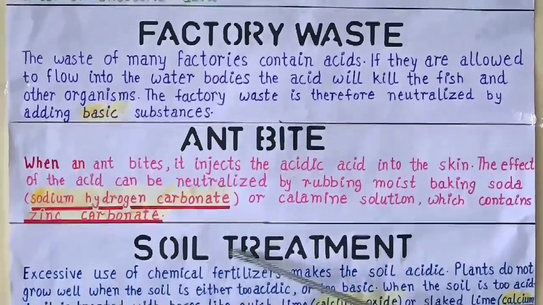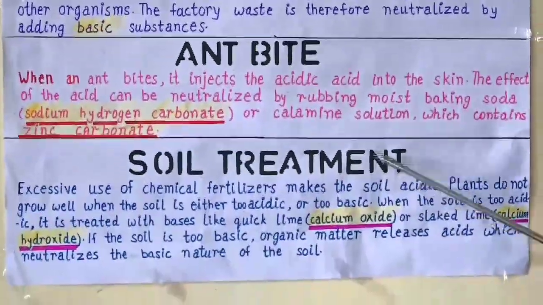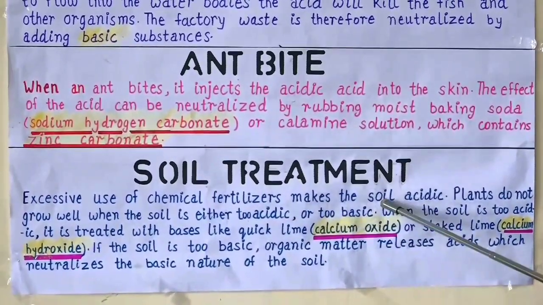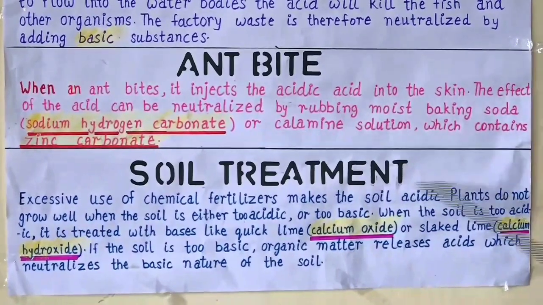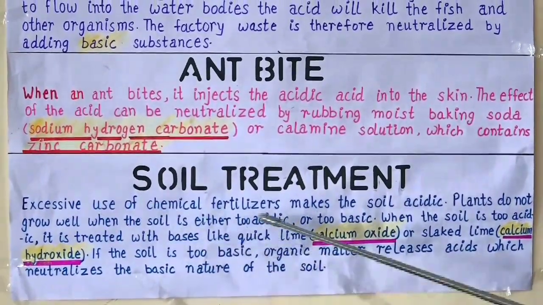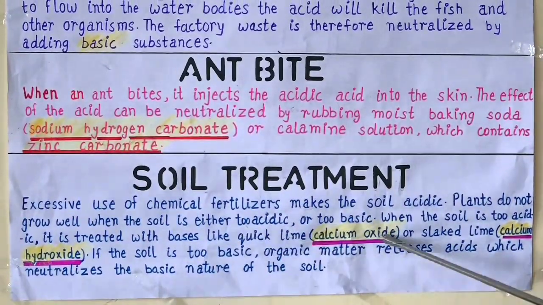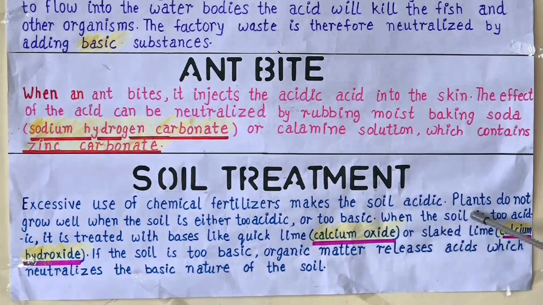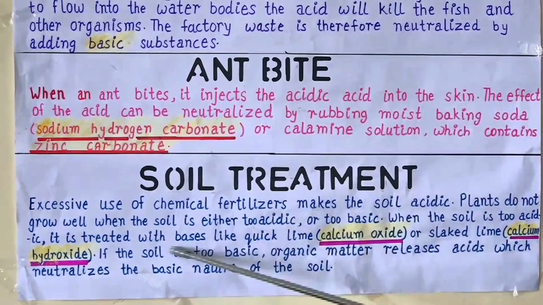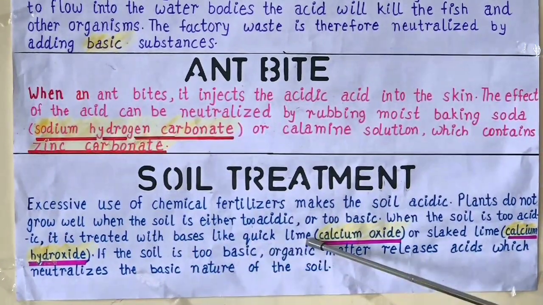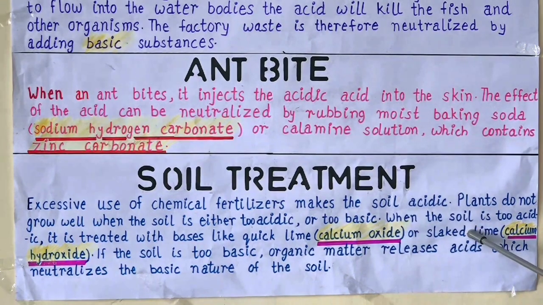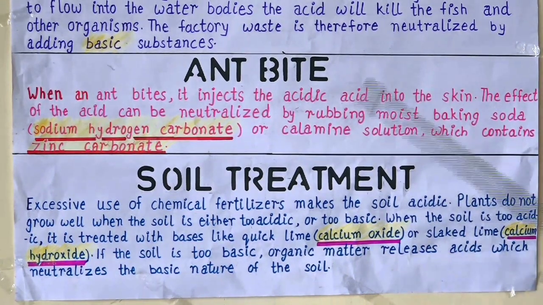Fourth is soil treatment. Excessive use of chemical fertilizers makes the soil acidic. Plants do not grow well if the soil is either too acidic or too basic. To make the soil neutral, if the soil is too acidic, it should be treated with a base like quicklime, whose chemical name is calcium oxide, or slaked lime, that is calcium hydroxide.